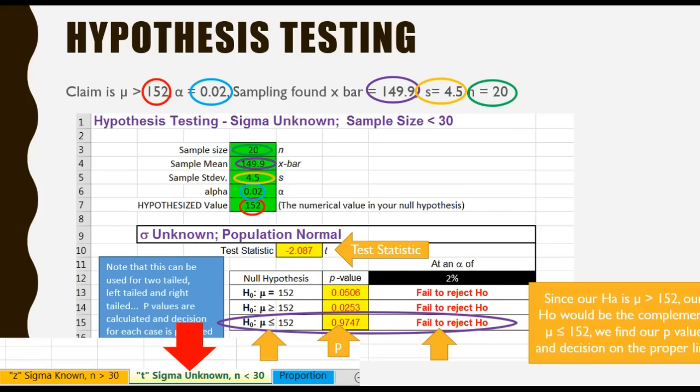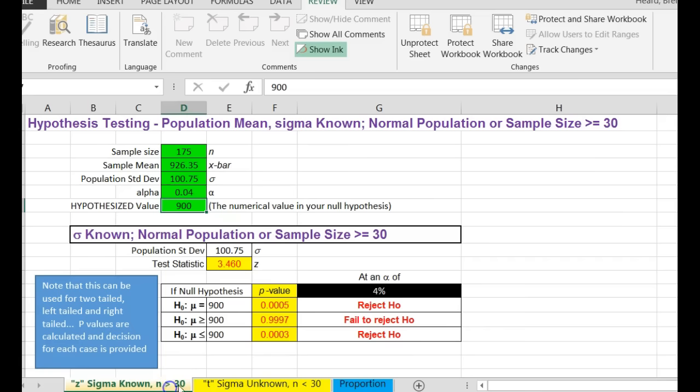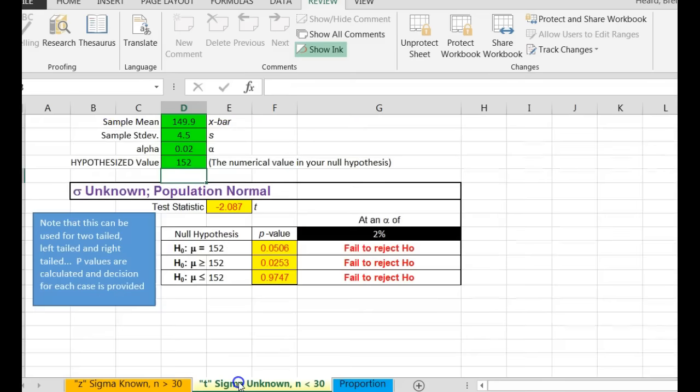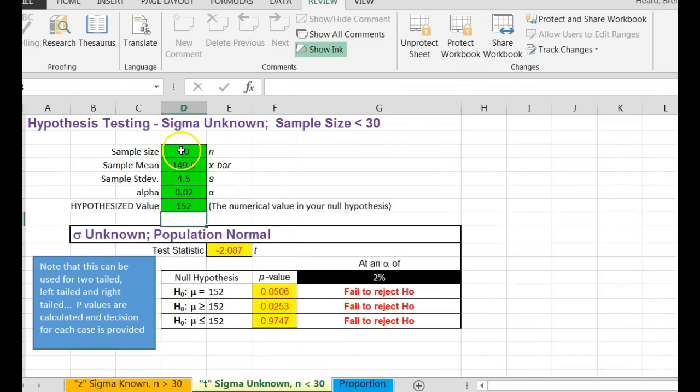Let's look at actually doing this one. At the tabs down at the bottom, I'm going to click T, sigma unknown. I'm going to scroll up here, put in my sample size of 20, put in my sample mean, 149.9, my sample standard deviation of 4.5, my alpha, level of significance of 0.02, my hypothesized value, 152.